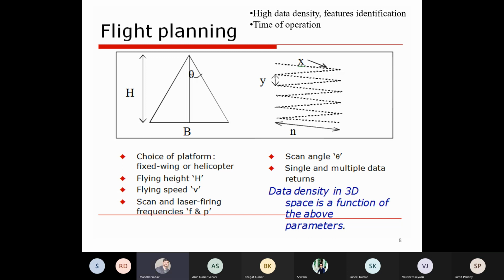So the pulse firing rate divided by scan rate gives you the number of points in one scan line. In this case, the points we are getting are divided by pulse firing rate divided by scan rate.